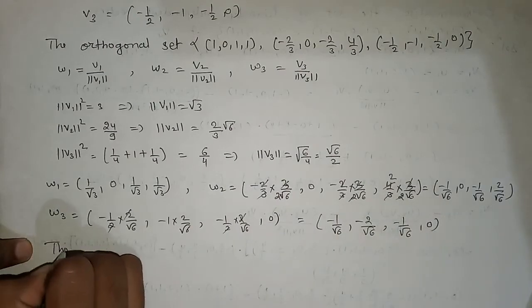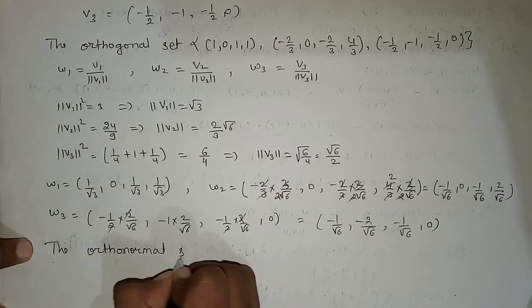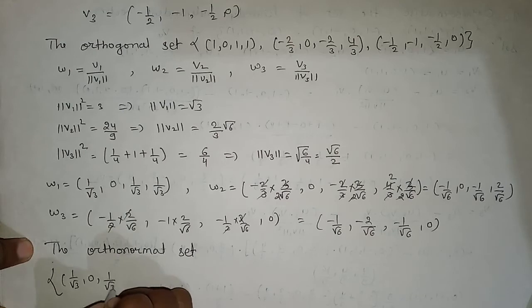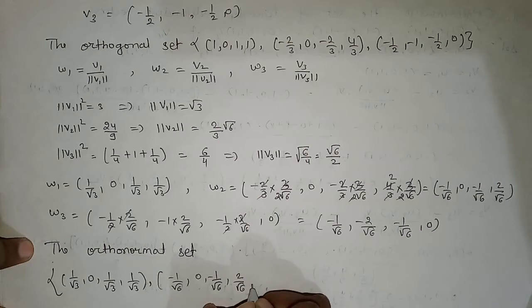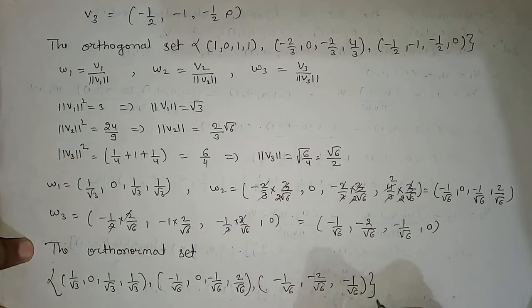So the orthonormal set is {(1 upon root 3, 0, 1 by root 3, 1 by root 3), (-1 by root 6, 0, -1 by root 6, 2 upon root 6), (-1 by root 6, -2 by root 6, -1 upon root 6, 0)}. So this is the set of orthonormal vectors.